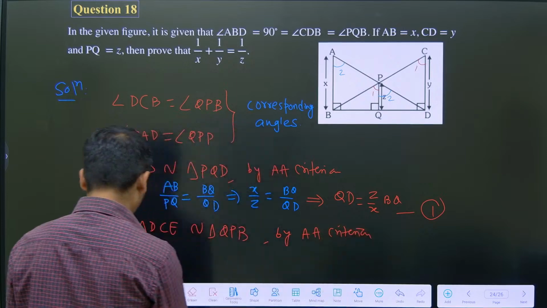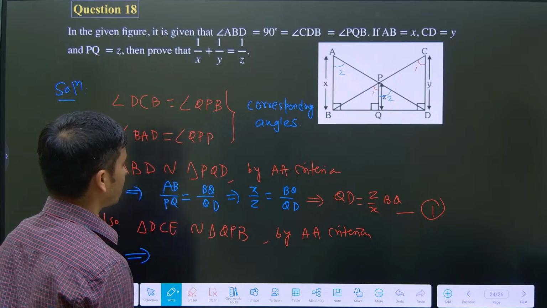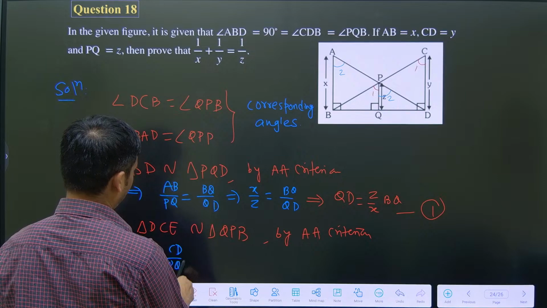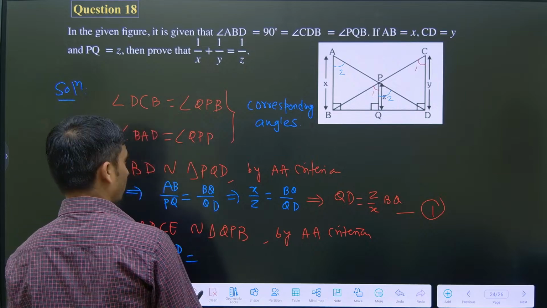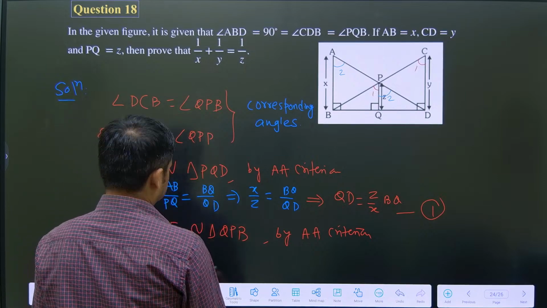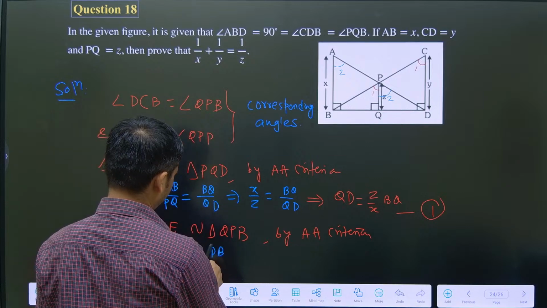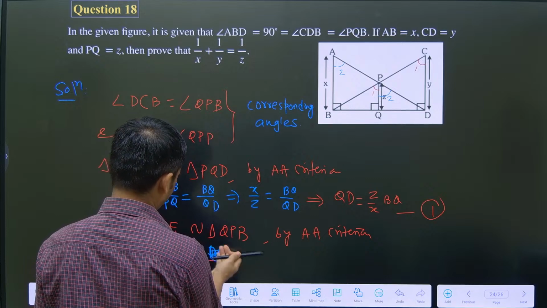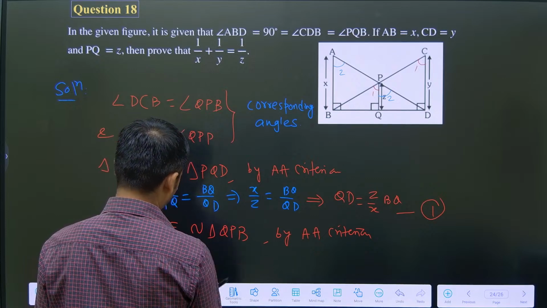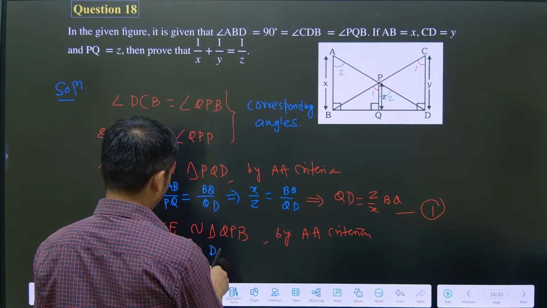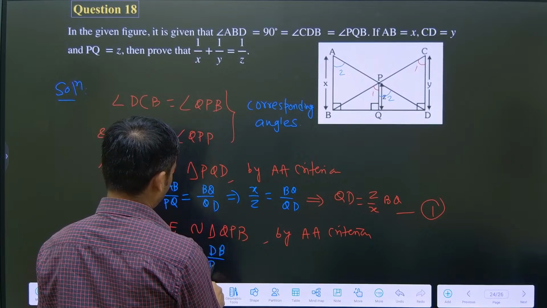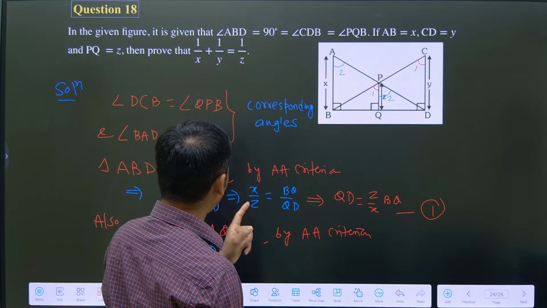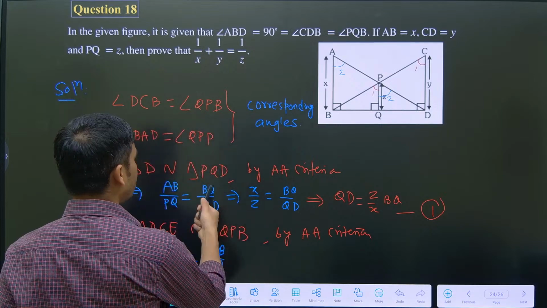And if that's the case, let's use CPST. So CD upon PQ is equal to DB upon BQ. Wait, it's not BQ, it's BD, right?